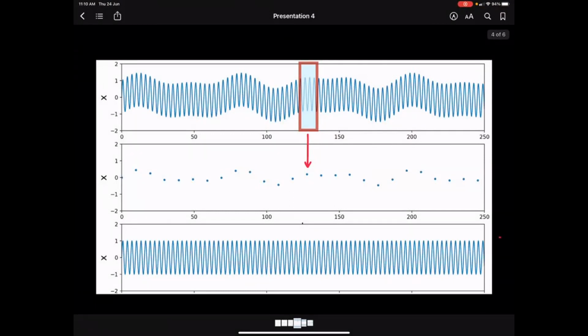If I just look at the slow variation that is given in the bottom part, and if I just look at the fast variation that is given in the top part, what I can do is take a window like I have shown here and average the signal over that window. If I average the signal over this window, the fast variation will cancel out.